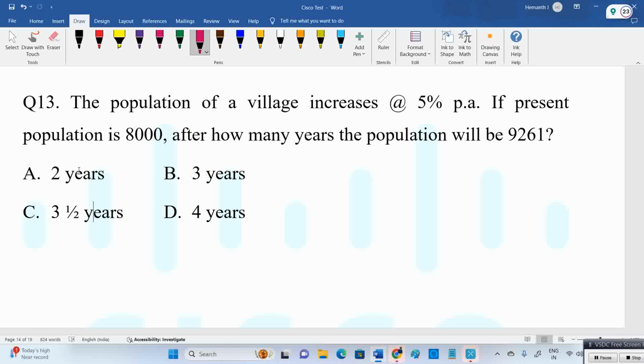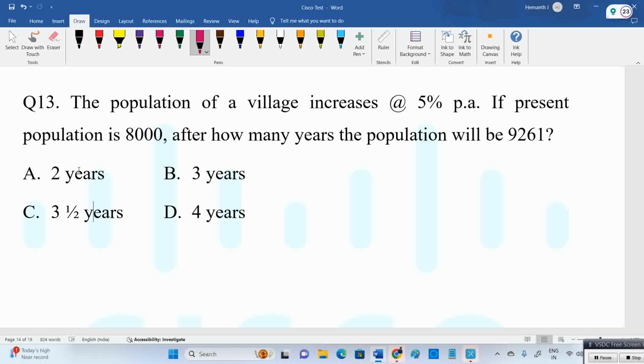What's the answer? In how many years does it become 9,261? 3 years. Okay. See, simple.